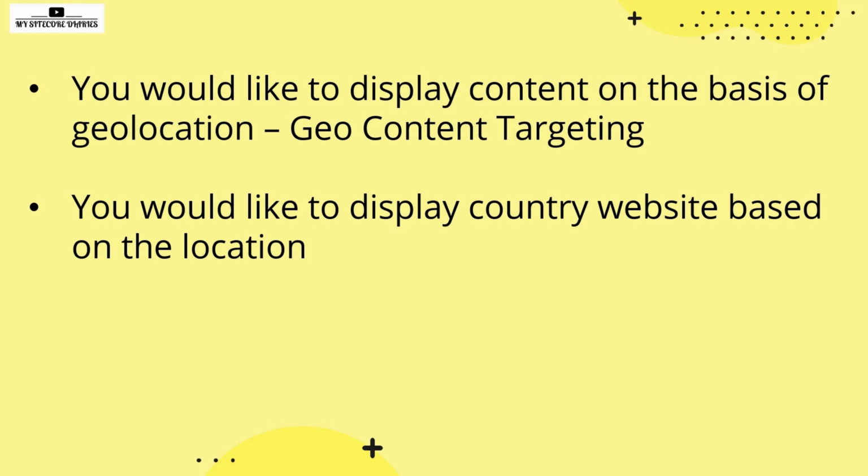You would like to display a country website based on the location. So you might have a global website where every country has their own website. In that case, even though the user is trying to access the global website, you would like to display their country website.